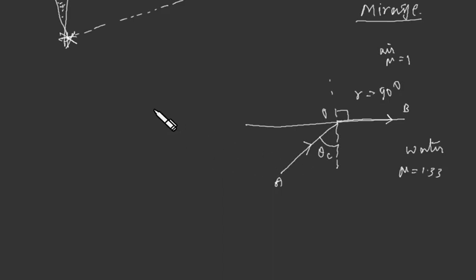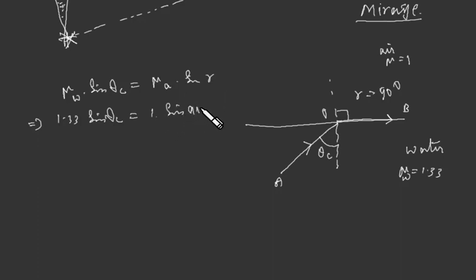Alright, so in this case from Snell's law we can write that mu of water into sine of the critical angle theta c equals mu of air into sine of the angle of refraction. That means mu of water is 1.33, sine theta c equals mu of air is 1 into sine 90 degrees.